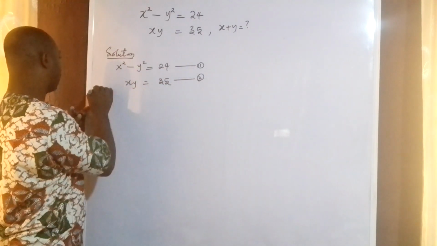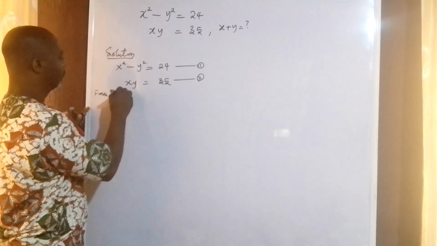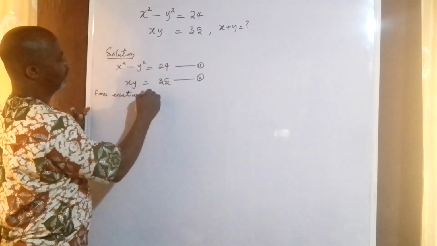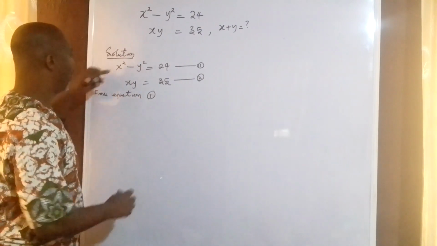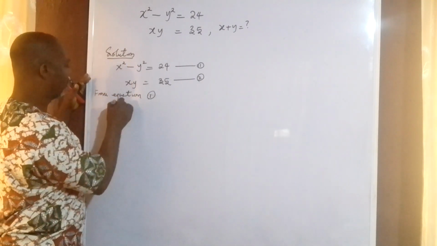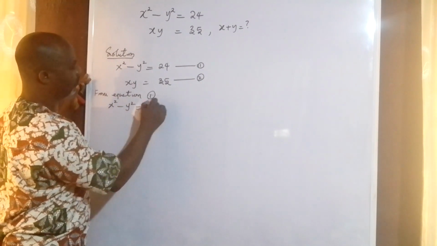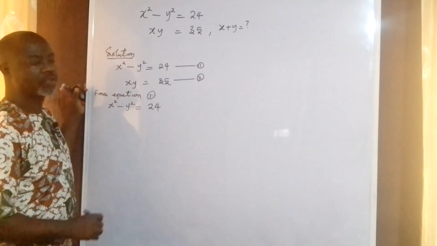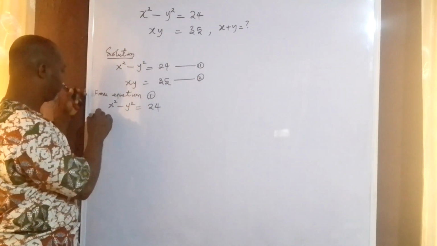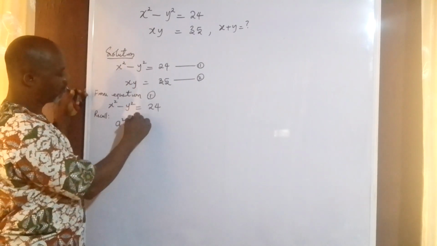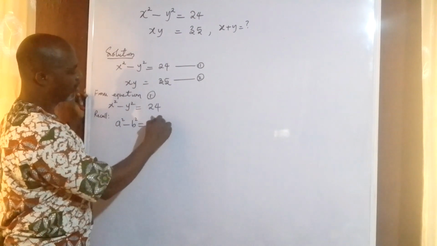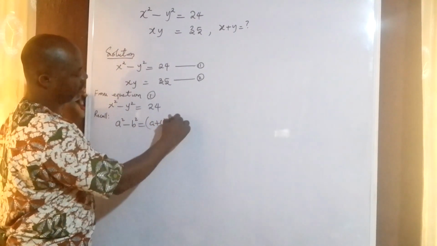So from equation 1, I have x squared minus y squared equals 24. Now recall from algebra that a squared minus b squared equals a plus b, bracket a minus b.